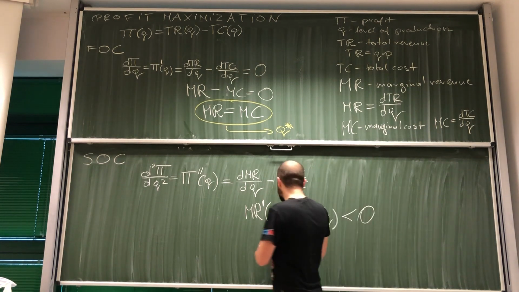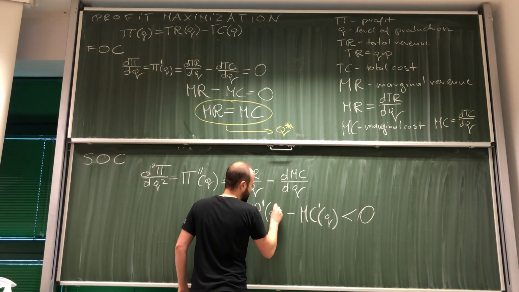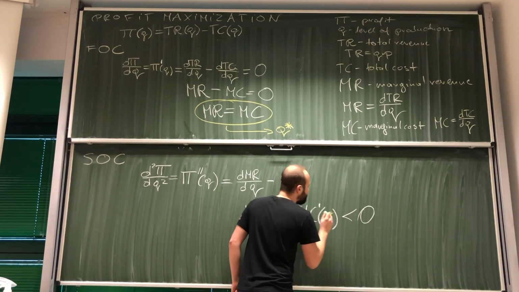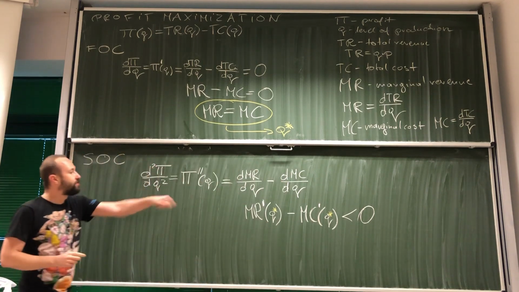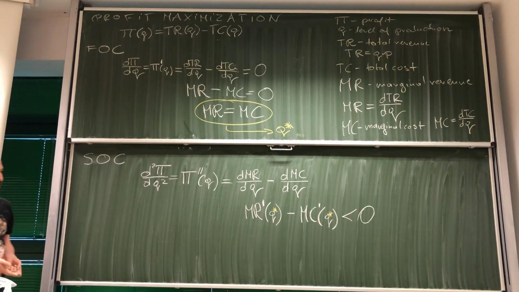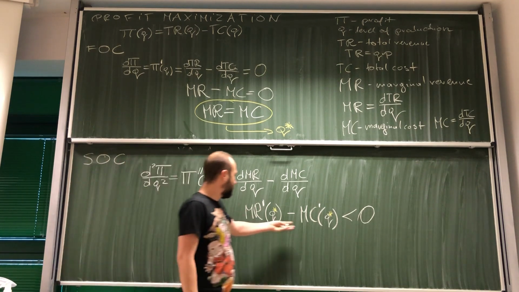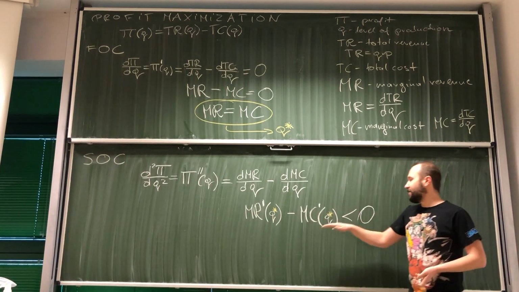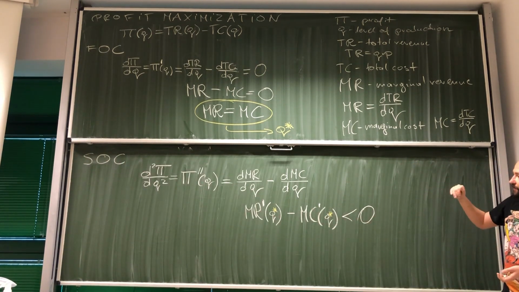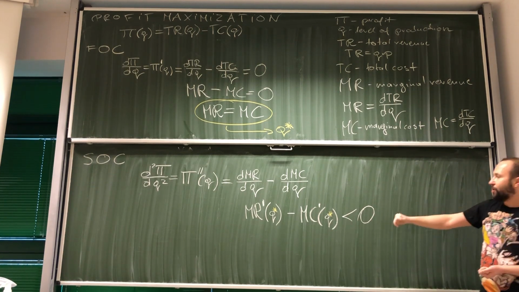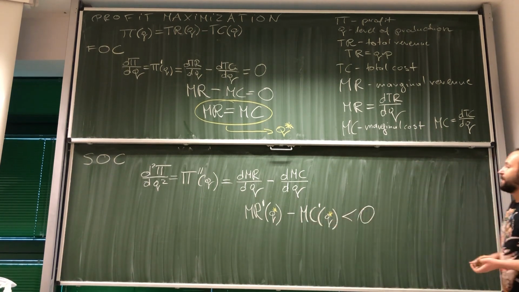So we simply substitute into this condition every possible q, and we are looking for the level of production for which this expression is actually negative.